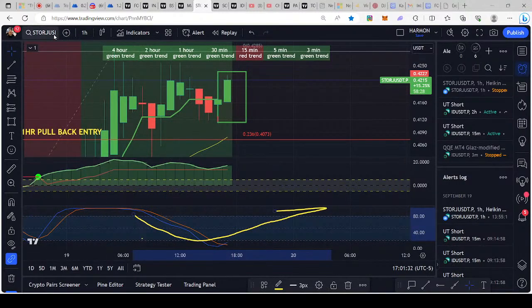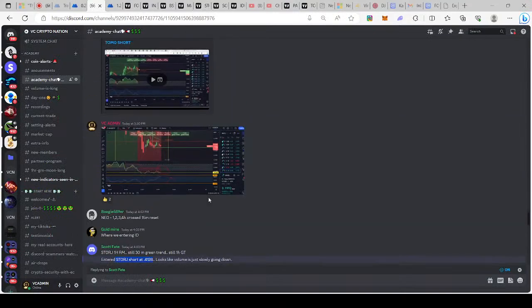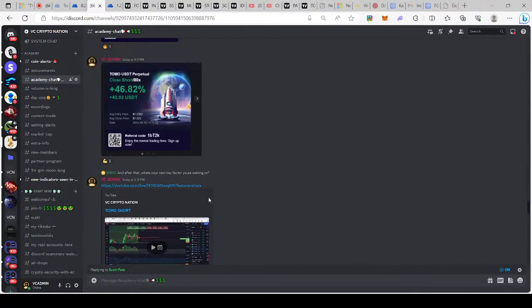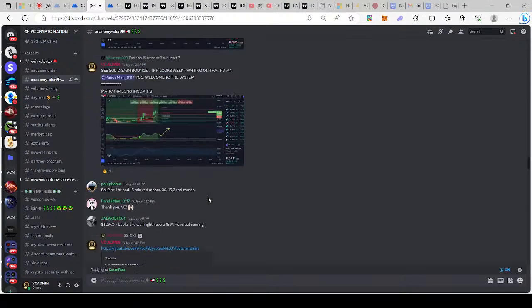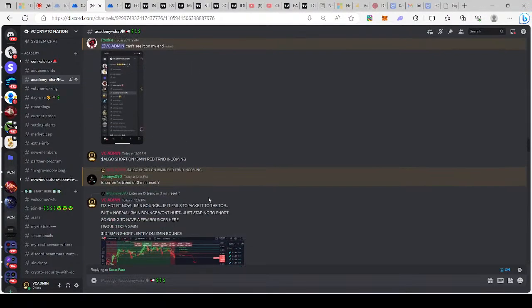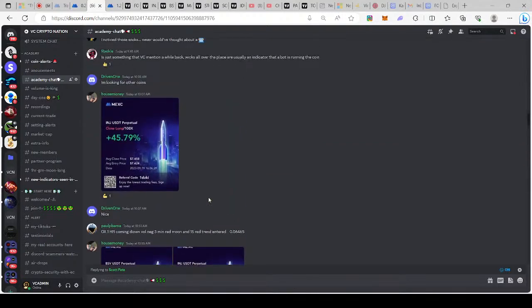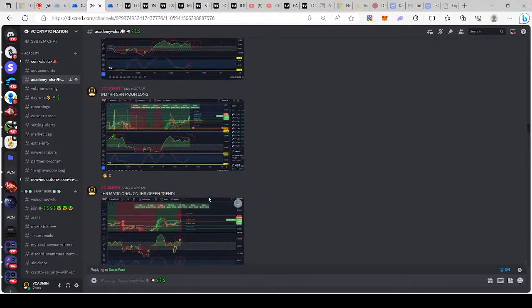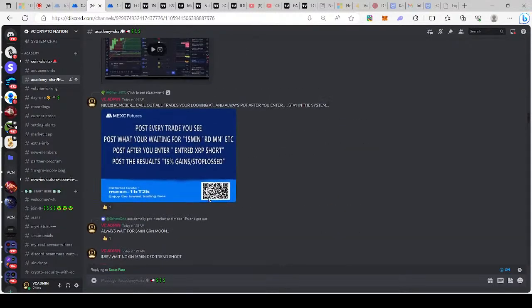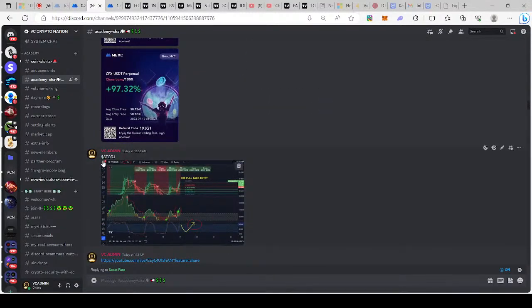Step two is, I think I posted a thing saying storage long when the 1 hour bounces right here. Let me go back to the Discord. Let me slide up here. Here, storage.